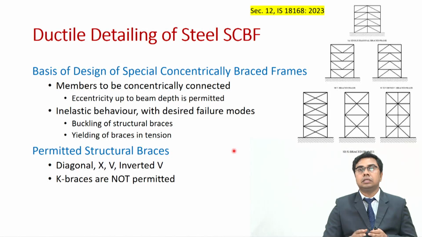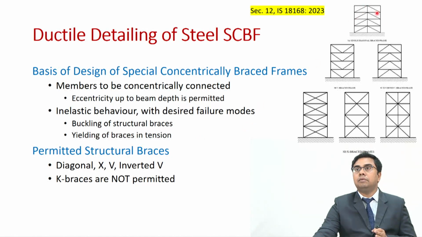So, in this case the members are concentrically connected, eccentricity up to beam depth is permitted. Further, the desired failure modes in all these SCBFs is either buckling of structural braces or yielding of braces in tension. Now, there can be different brace configurations as shown over here.